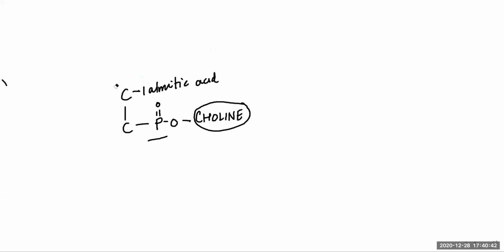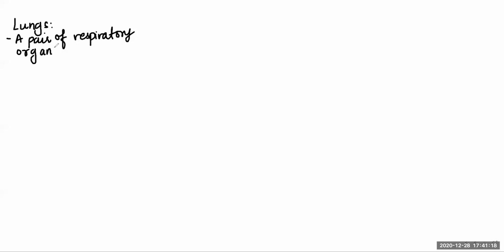So the primary bronchi enter into an organ called lung, and all the other branching occurs in the lungs. So what are lungs? Lungs are a pair of respiratory organs or breathing organs.